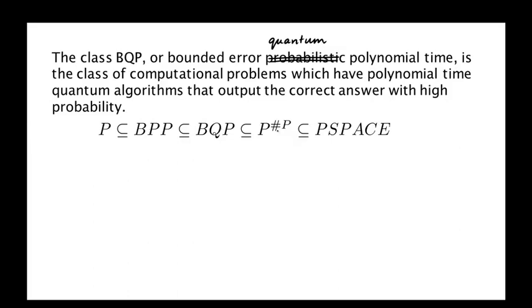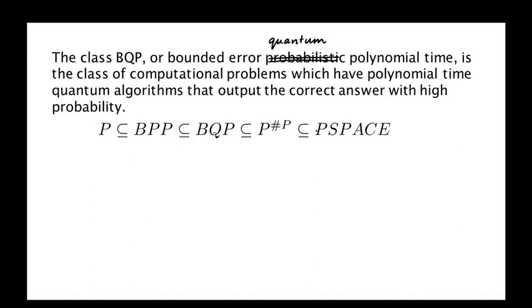You can show that this is contained in something called P to the sharp P, which is contained in PSPACE. PSPACE is a class of problems that you can solve using not a polynomial amount of time, but a polynomial amount of space. If you have only a polynomial amount of memory in your algorithm, but you can keep reusing this memory, well, then that's PSPACE.